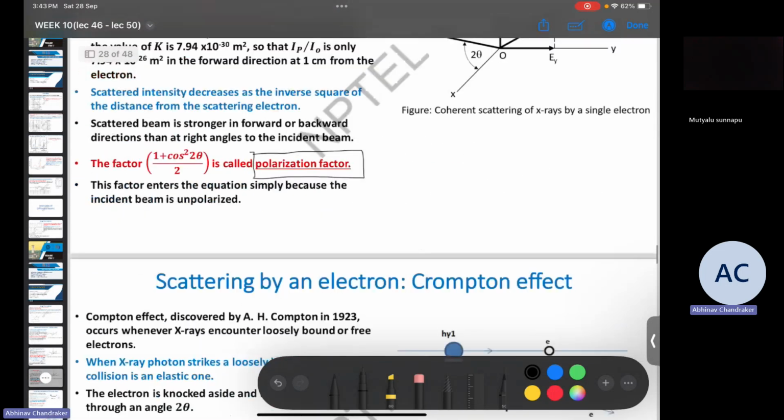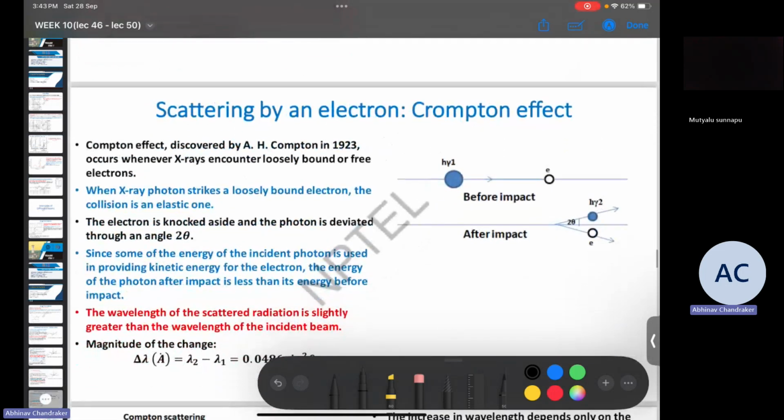So this was one of the factors that will affect the intensity of the scattered beam.